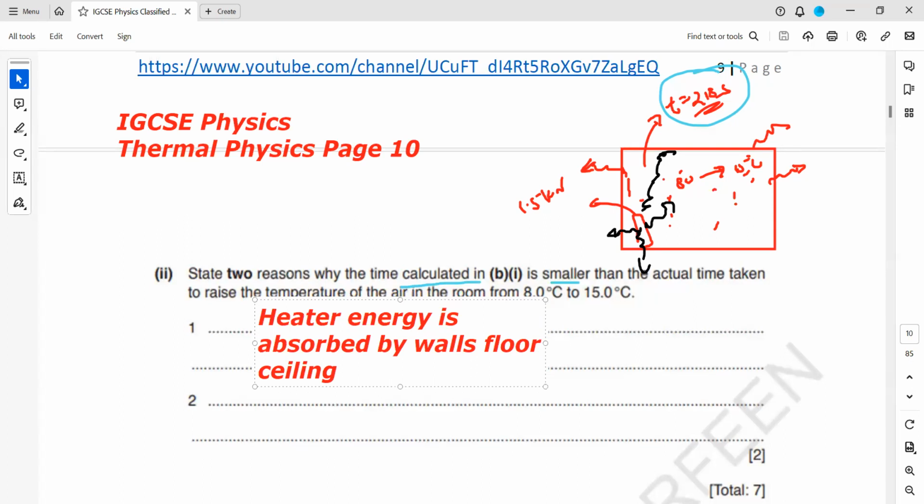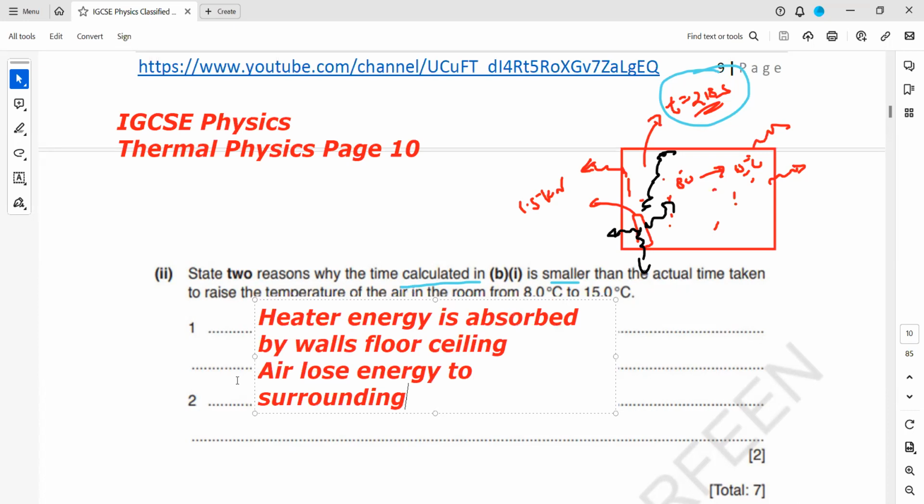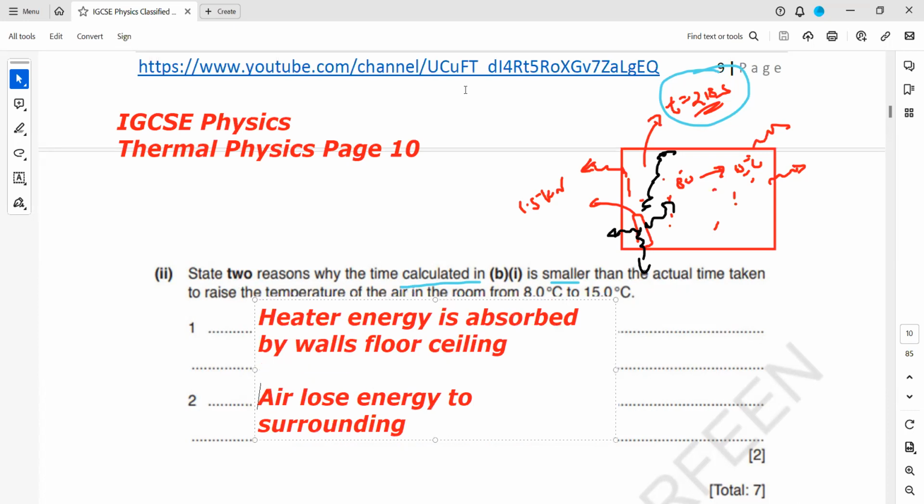And the second reason is that the air loses energy to the surroundings. Once the air becomes hot, not all of the energy of the air is used up. Some of the energy of the air is lost to the surroundings. That's why when we supply the heat, practically it will take much longer time than the value which we calculate.